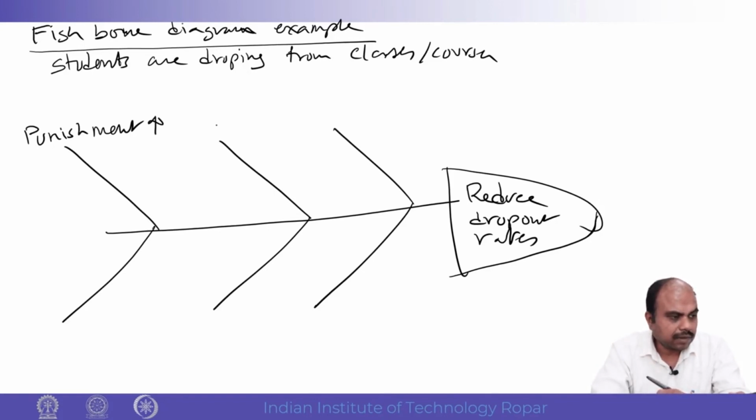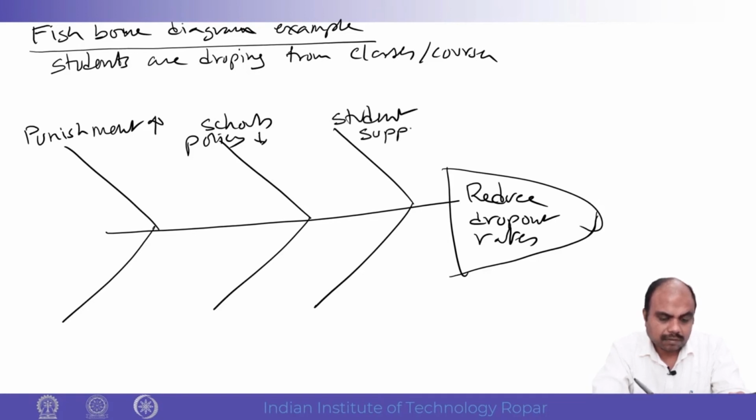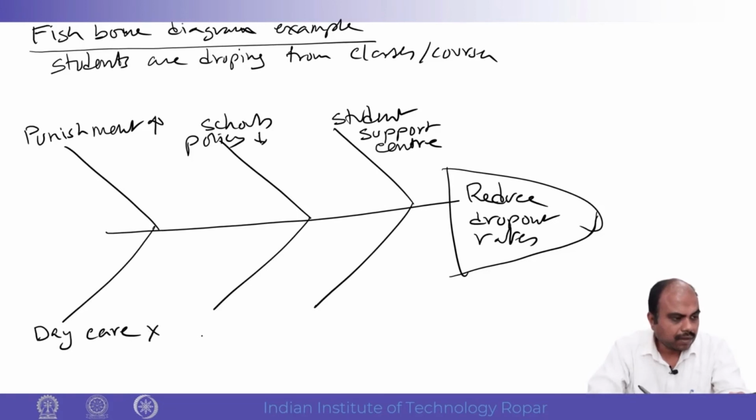Then the school's policy is not that great for diverse groups. And students don't have a support center. They also found that for small kids they don't have daycare.